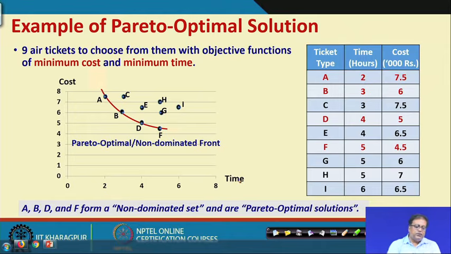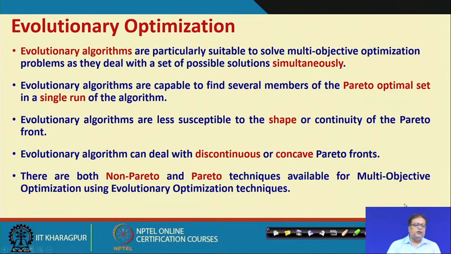So, we have understood how exactly we find the non-dominated set and how I find the Pareto optimal solutions. With that knowledge, let us go further and see some methods by which we can solve multi-objective optimization problems through metaheuristic techniques.